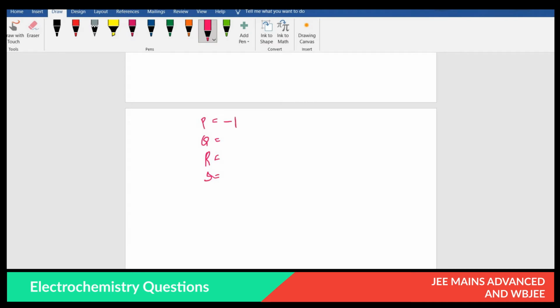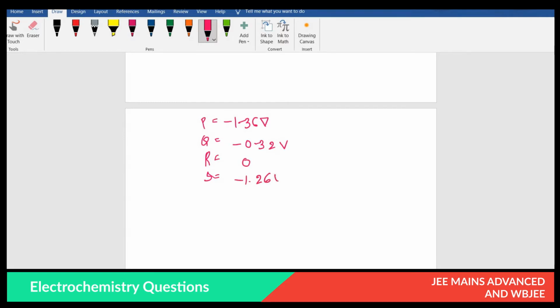So it says P has a reduction potential of minus 1.36 volt. For Q it is minus 0.32 volt. Then for R it is 0, I believe. And for S it is minus 1.26 volt.